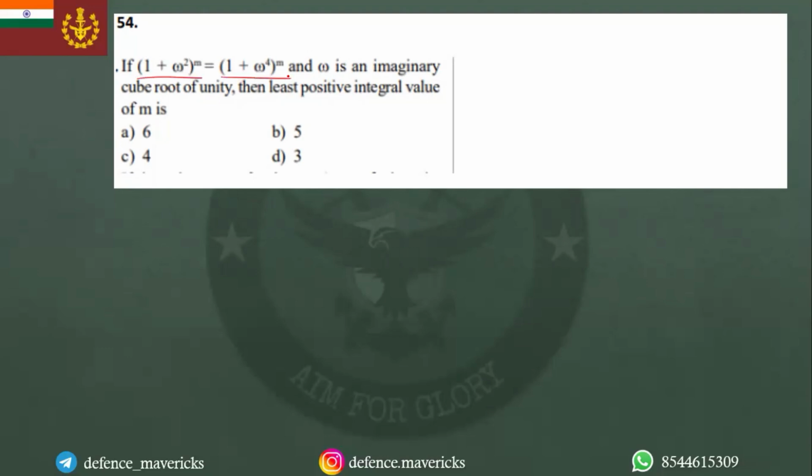Cube roots of unity. So what are cube roots of unity? If you have the equation x cube equal to 1, we generally write that x equal to 1 is the solution. But we have a 3-degree equation, so we need 3 solutions. You can expand this using a cube minus b cube, and you will get something like this. Now one solution is x equal to 1.